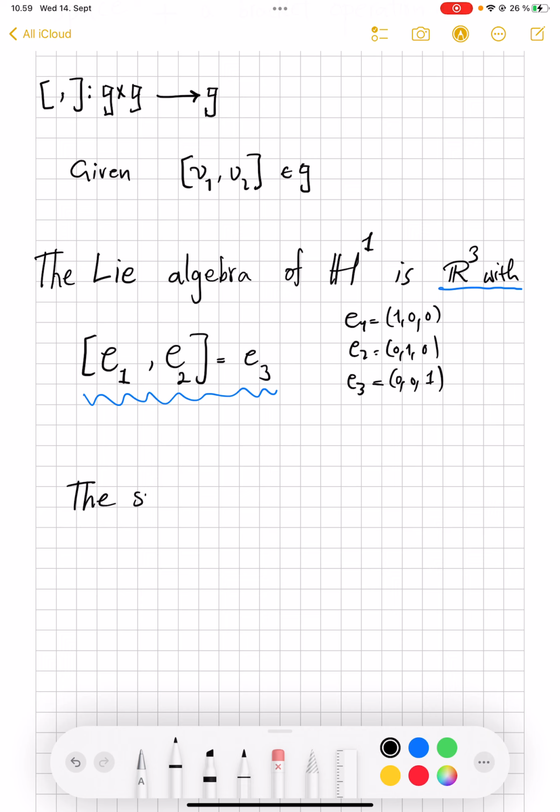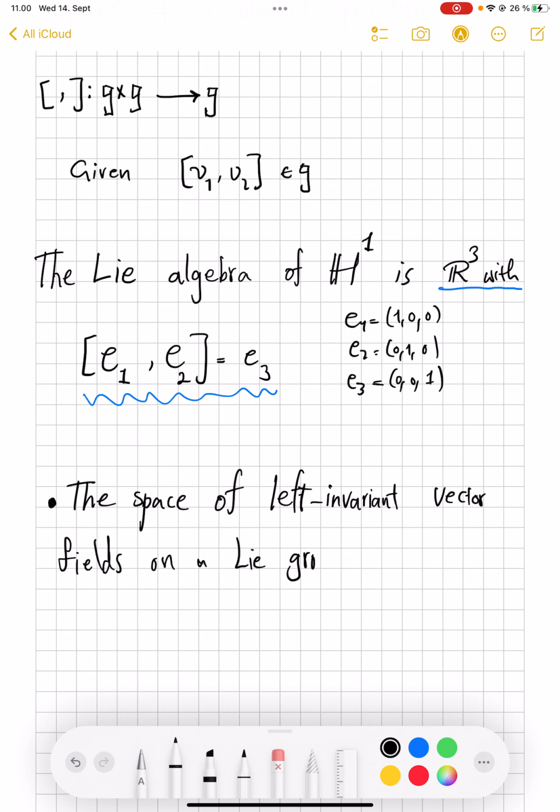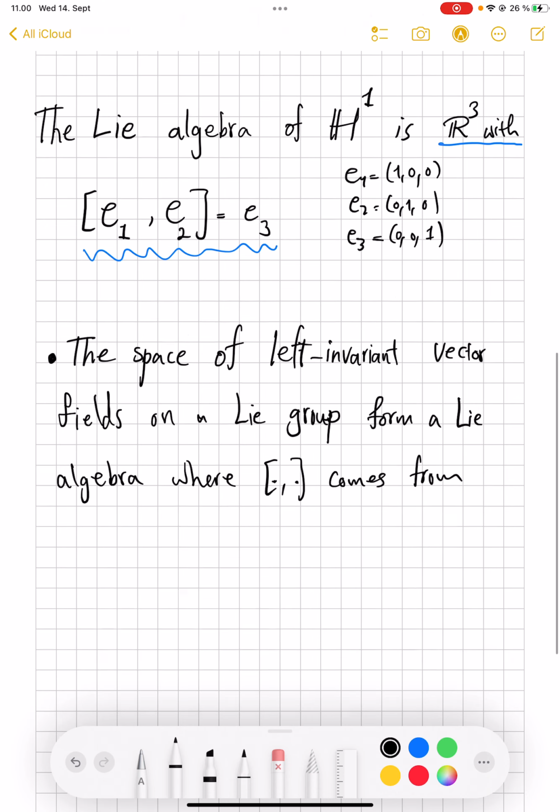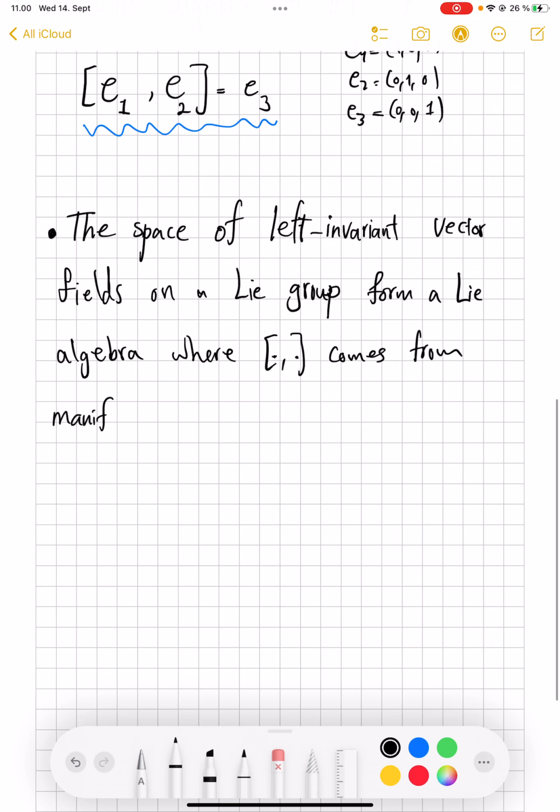This is a fact we need to know: the space of left invariant vector fields on a Lie group forms a Lie algebra, where this bracket comes from manifold theory.